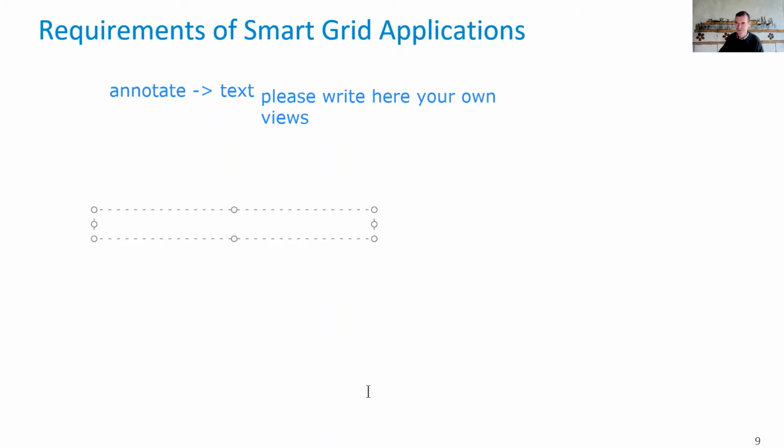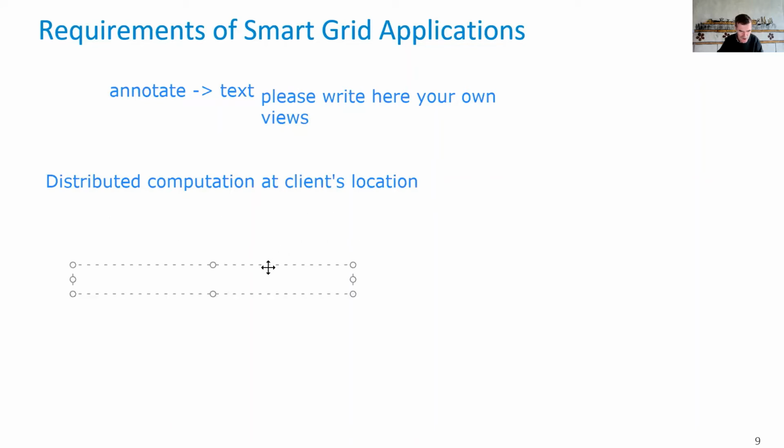Voila, it's your turn. Distributed computation at client's location. Good.